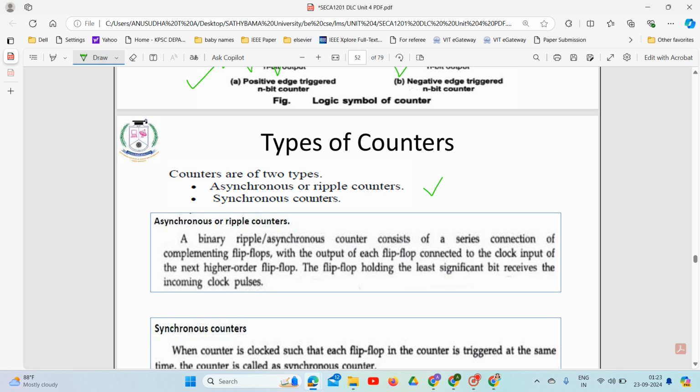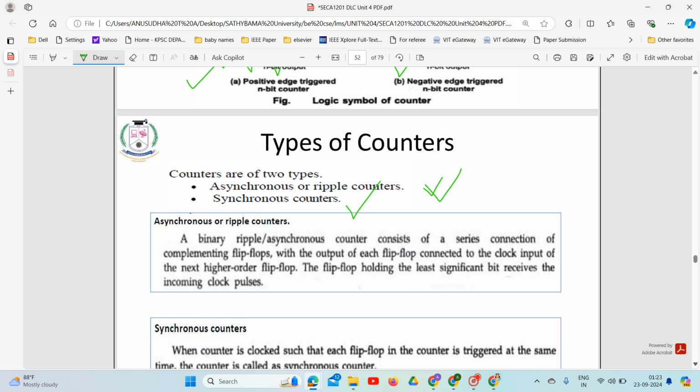Here the input and outputs of the flip-flops are not synchronized with the single clock pulse. We call that an asynchronous or ripple counter. If all the flip-flops are synchronized with the single clock pulse, it is a synchronous counter.